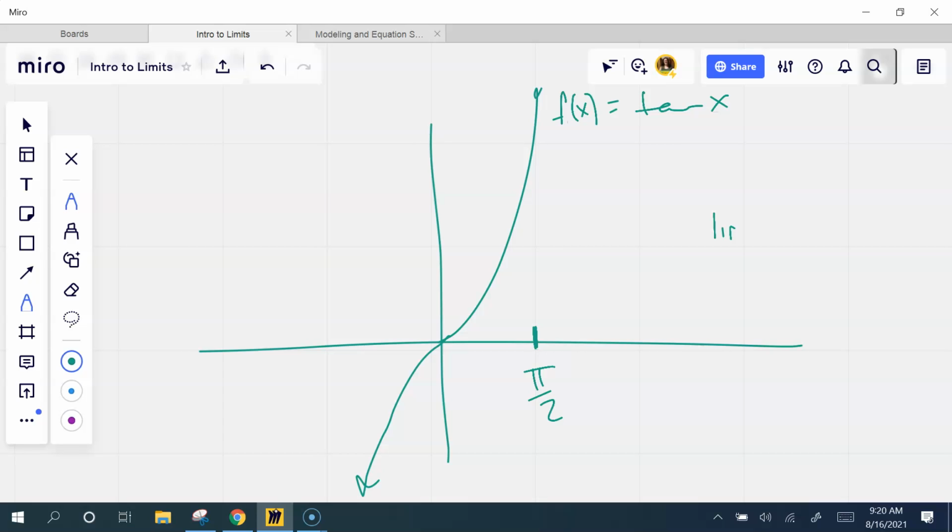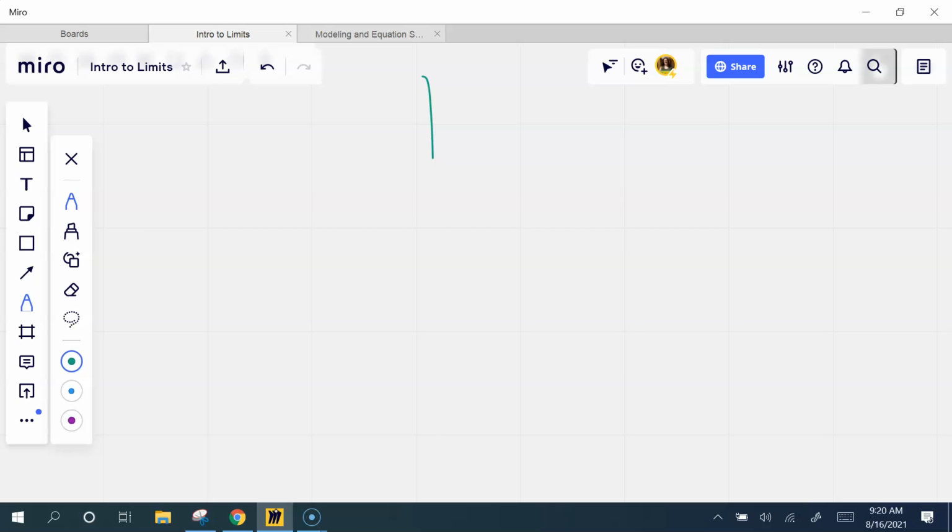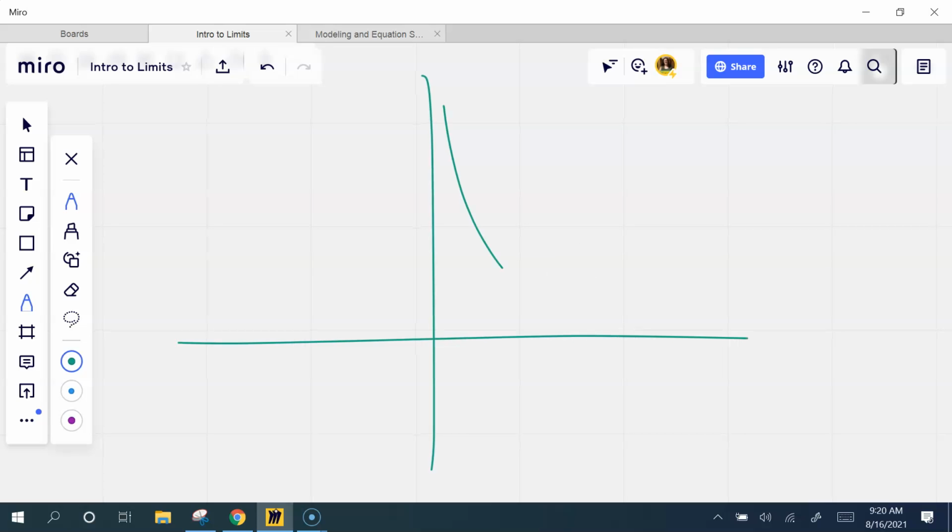That's a square root, but they're going to be defined at every point. I'm trying to think of one that's not going to be defined. You could do a sine, or maybe not a sine. Let's do it like this. I can't remember the exact equation of this. Let's call it f of x.